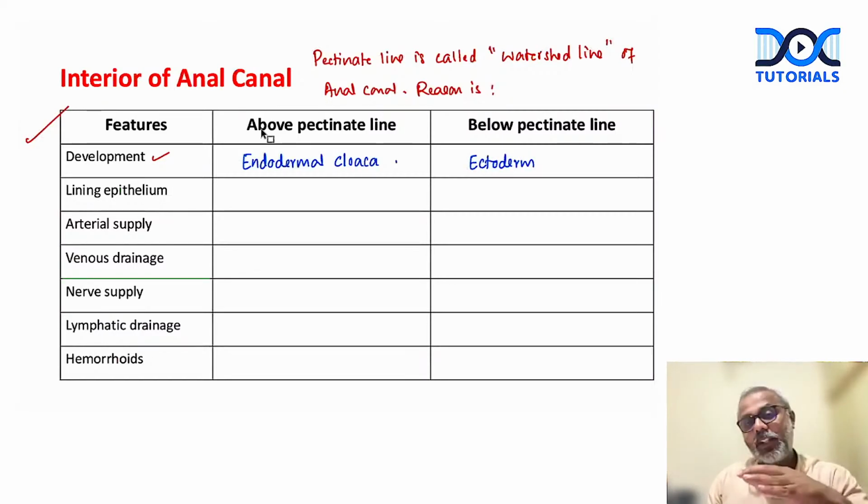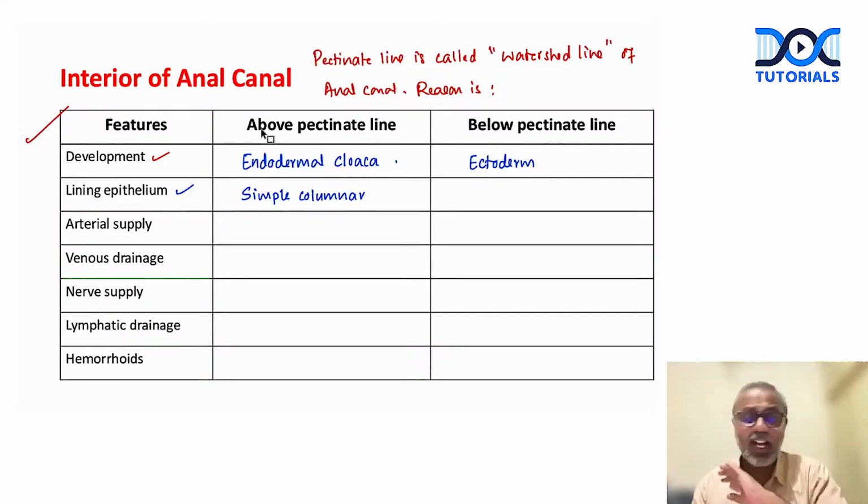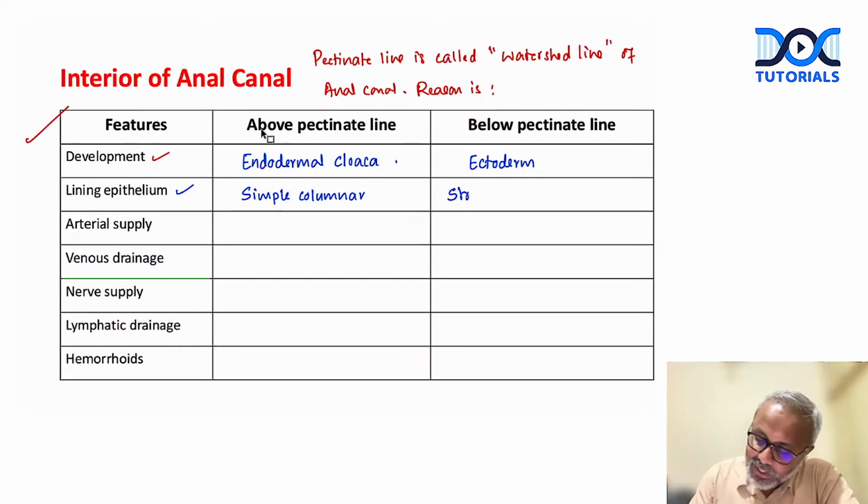Because of this, there are a lot of changes that will happen. The lining epithelium above the pectinate line is simple columnar, which is the lining epithelium of the majority of the large intestine. But below the pectinate line, it is stratified squamous non-keratinized, and below the white line of Hilton, it is actually lined by skin.